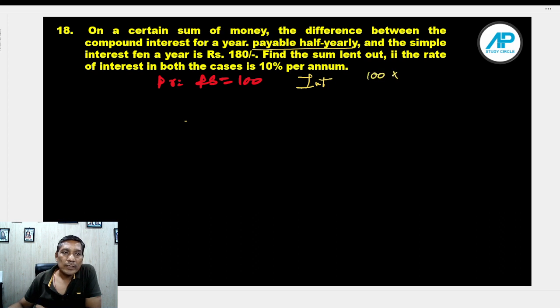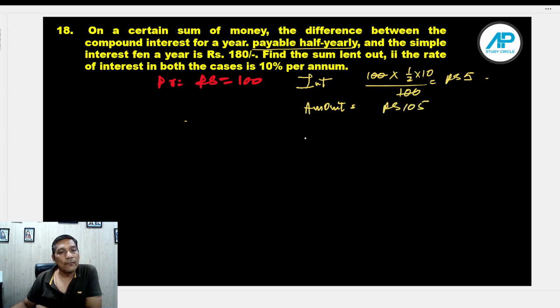So 100 into 1 upon 2 into 10 upon 100, you get rupees 5. Amount 105 rupees.